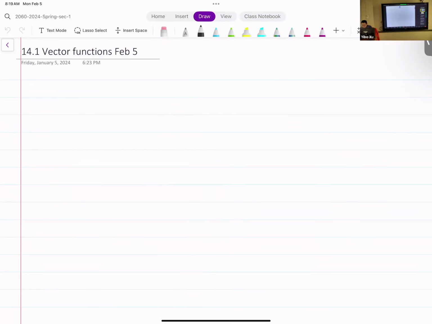Vector functions. So recall, we're just looking at now the geometric equations of curves.